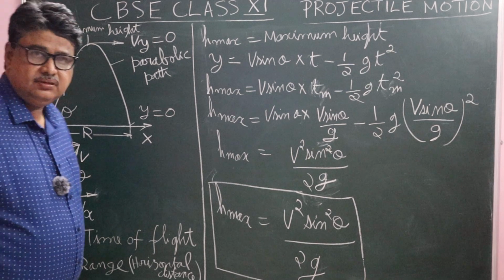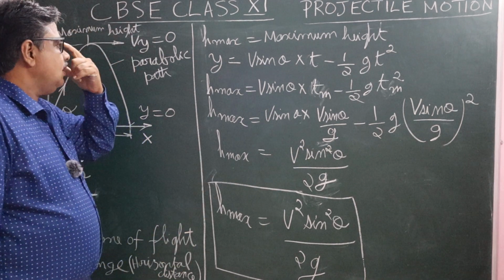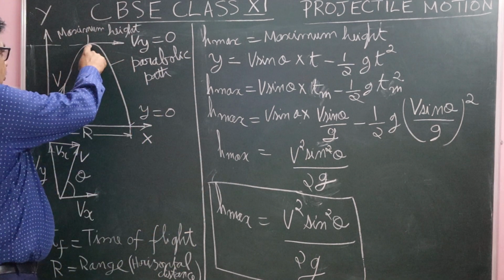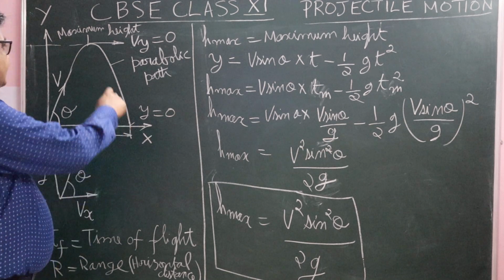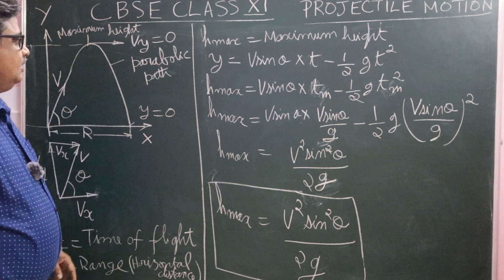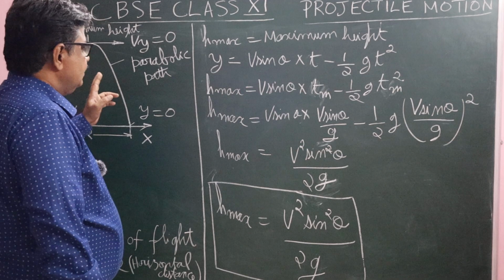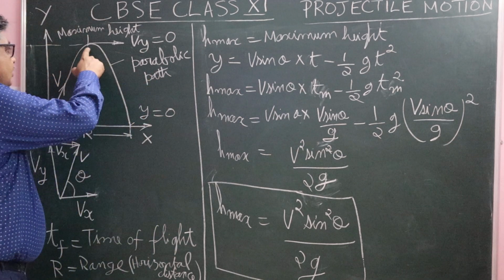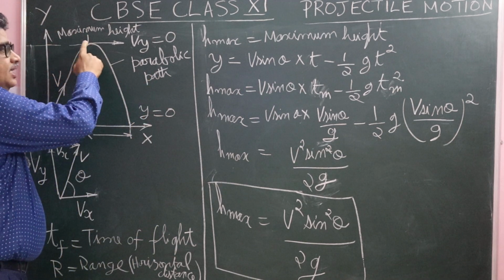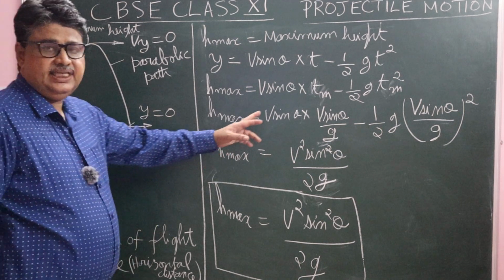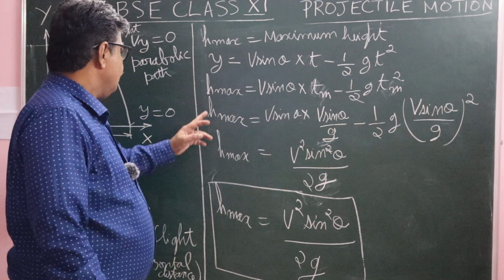Now let us find out maximum height reached by the object. So at maximum height, the time taken to reach the maximum height is Tm. We have found that already.